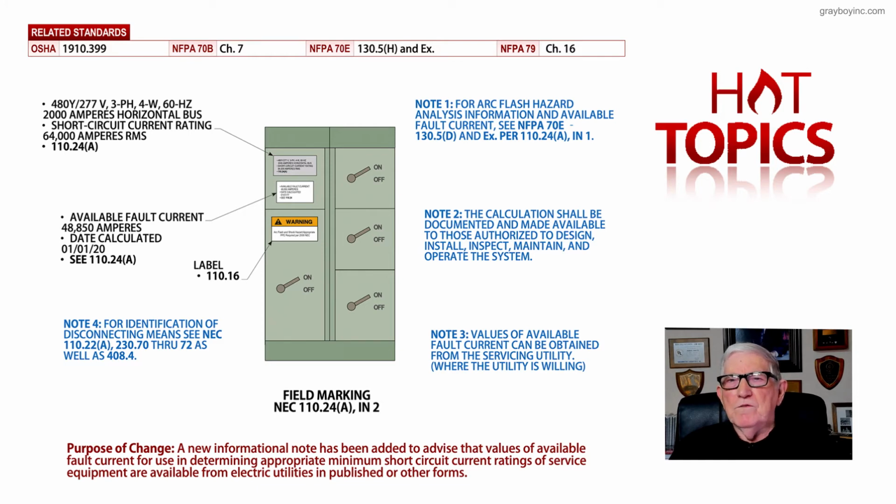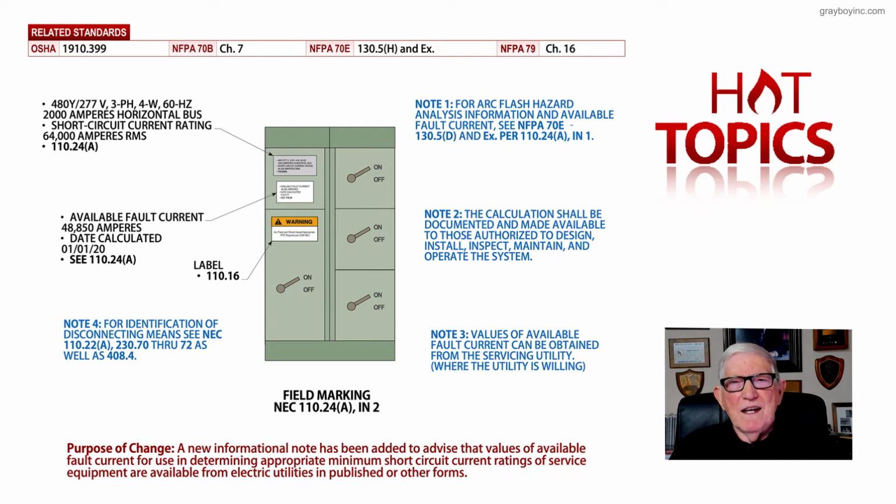And then, of course, if you were to have industrial machinery, Chapter 16 deals with labeling, and 670.1 or 2, I believe it is, and the NEC refers you to NFPA 79 for certain requirements of equipment that falls under industrial machinery.